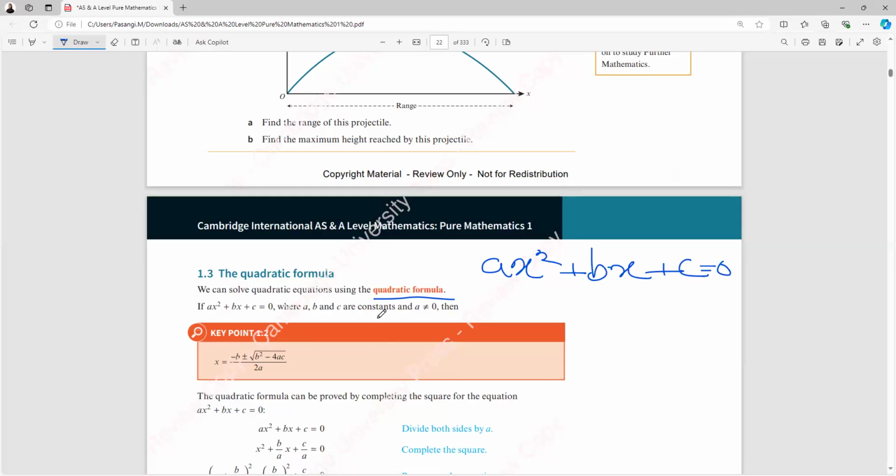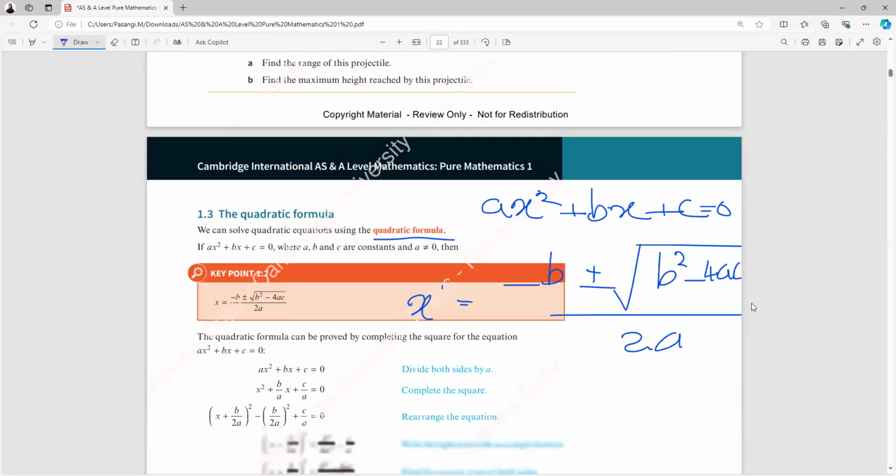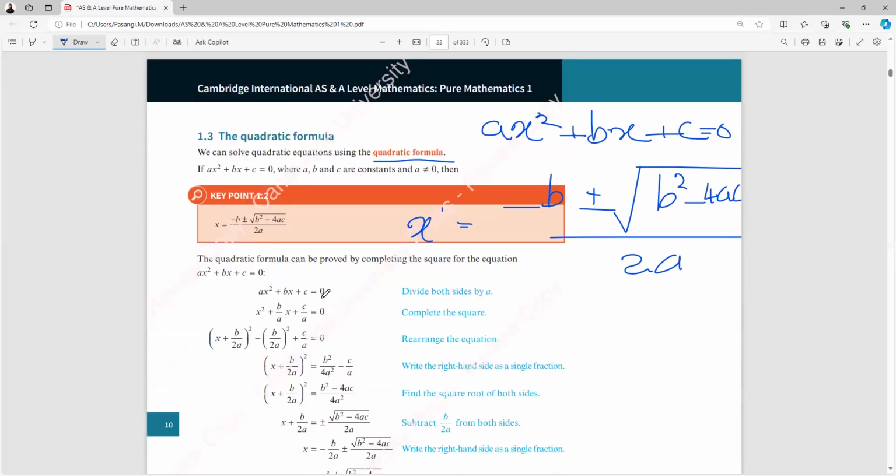By using the quadratic formula, if the equation is in the format ax squared plus bx plus c equals 0, then the x value will be minus b plus or minus square root of b squared minus 4ac, divided by 2a. So a, b, c are respective to these values. Whatever we receive, first we have to convert that equation to this format.